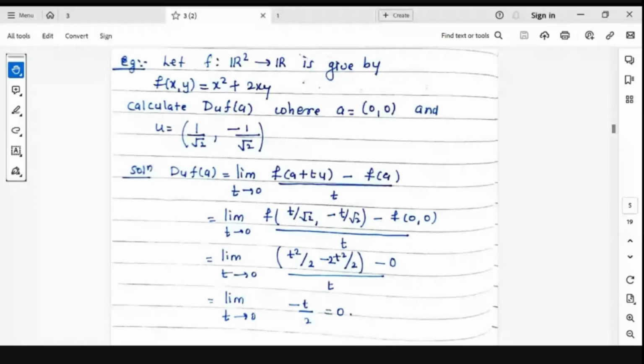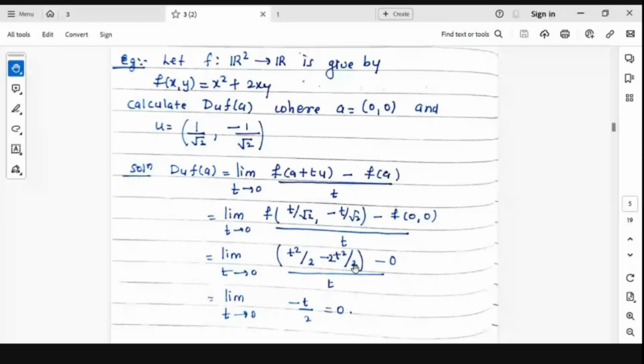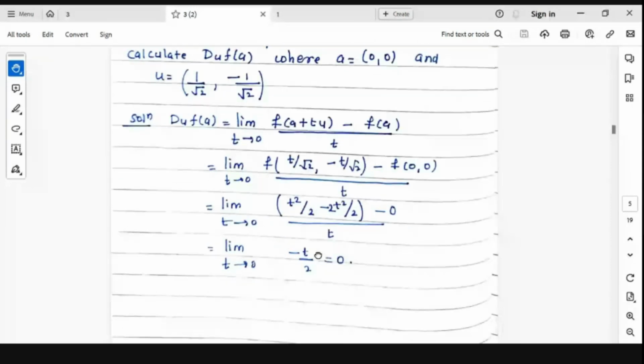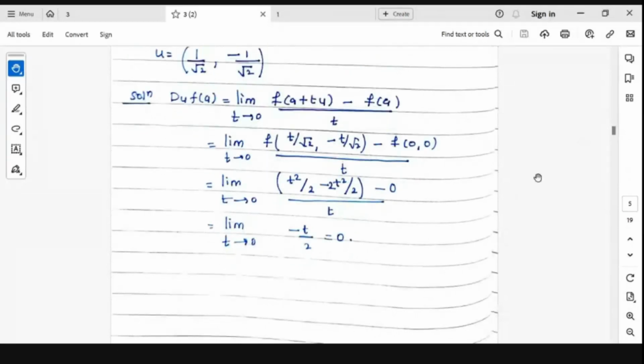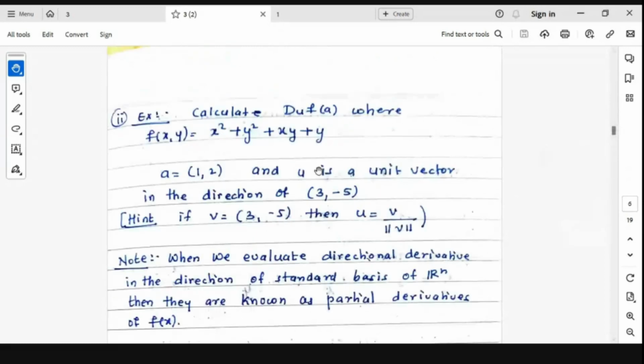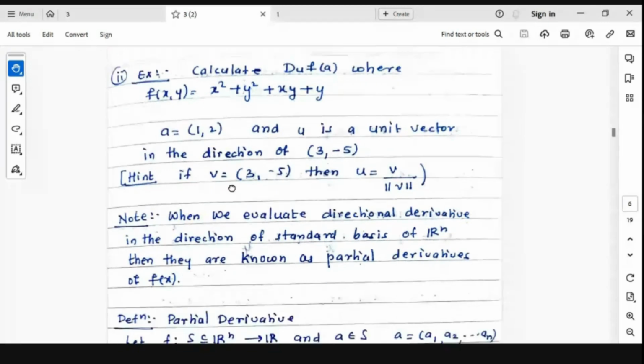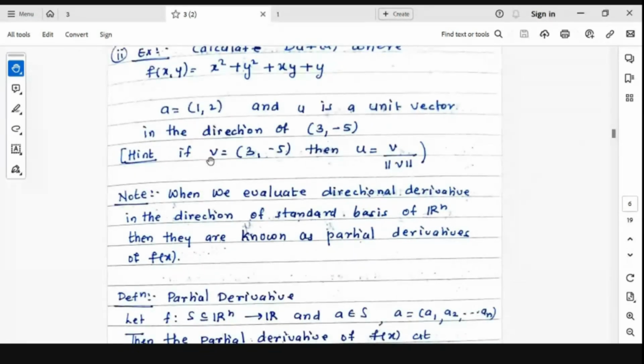Shall I complete the solution, or can it be followed from this point onwards? Yeah, it is easy to follow from there, right? So now what I want you all to do is, when I share my notes, you should try these kinds of examples.